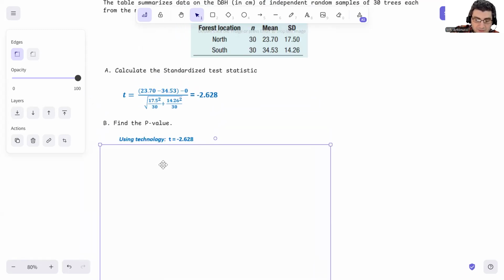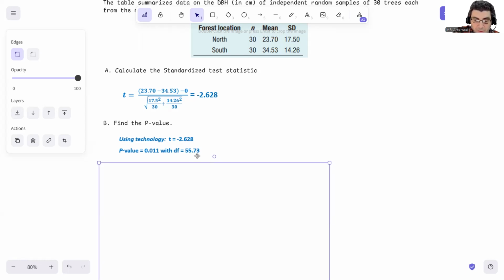And then we want to find the p-value using technology. The p-value that corresponds to negative 2.628 with 55.73 degrees of freedom. Now, again, that degrees of freedom is calculated with the calculator. It will calculate that from technology. So the p-value is 0.011 there.